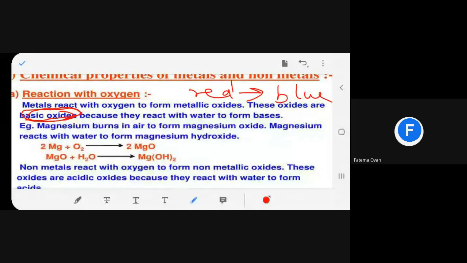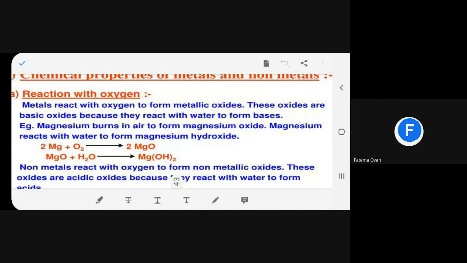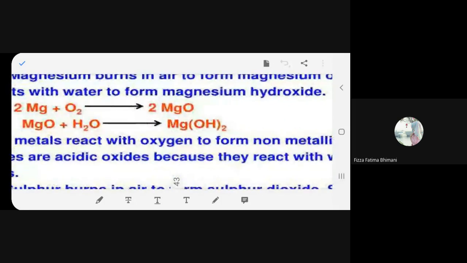Example: magnesium burns in air to form magnesium oxide. Magnesium oxide reacts with water to form magnesium hydroxide. Now first see these equations.